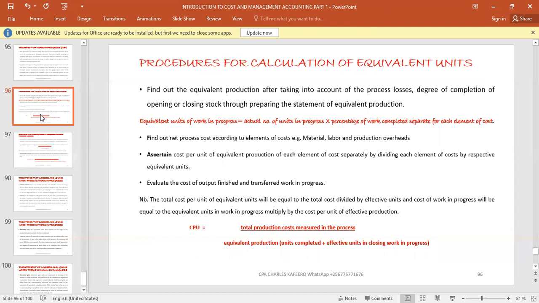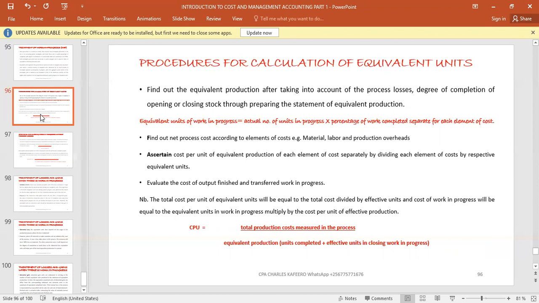Make sure you understand the process losses, and if you don't, make sure you go back to the first videos I posted. We looked at how we calculate the normal losses, abnormal losses, and abnormal gains, so that you get to know that.